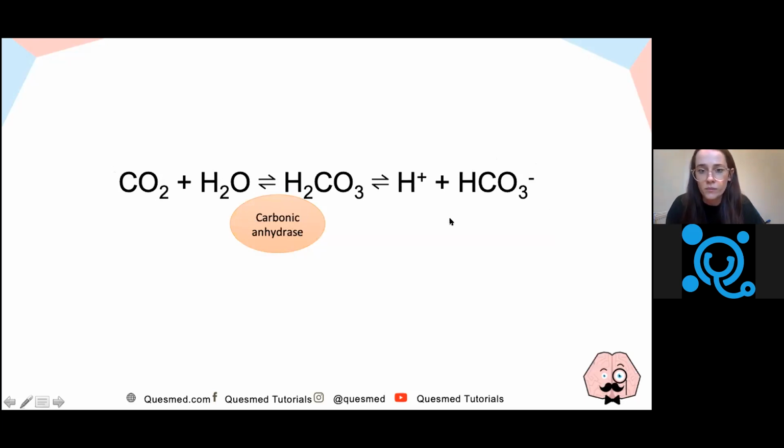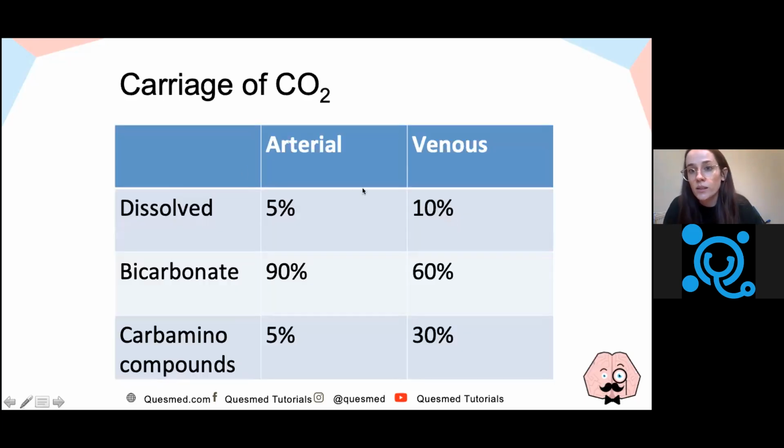Okay. You'll notice that there's a difference between arterial and venous blood. Venous blood has a higher content of carbon dioxide, but it also carries the carbon dioxide in different proportions. About 60% of the carbon dioxide is bicarbonate in venous blood, whereas about 90% in arterial blood. We have more carbamino compounds in venous blood compared with arterial blood.